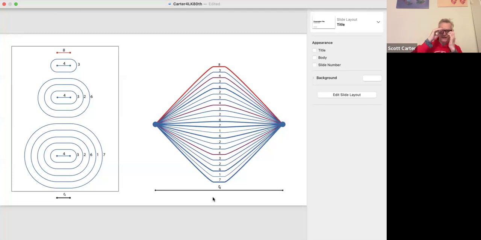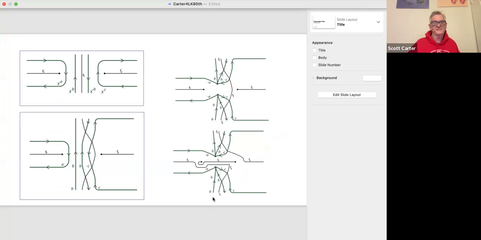So that dihedral cover is also a three-dimensional sphere.